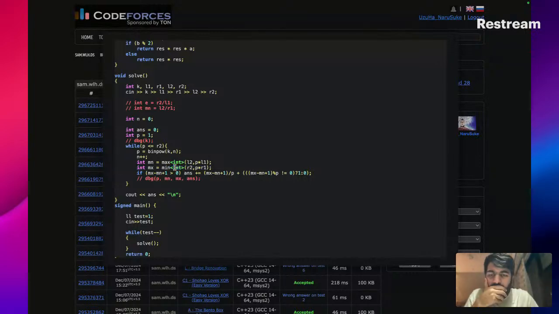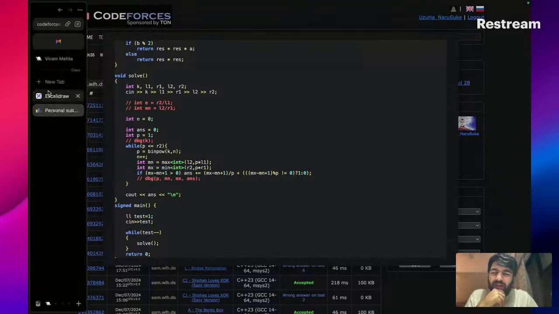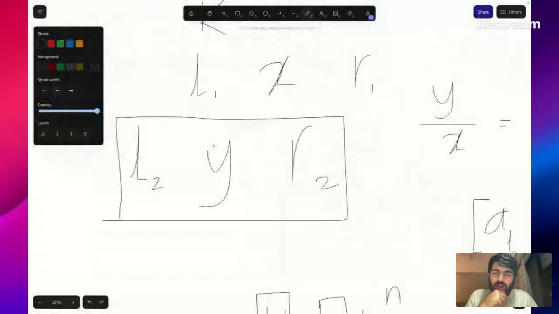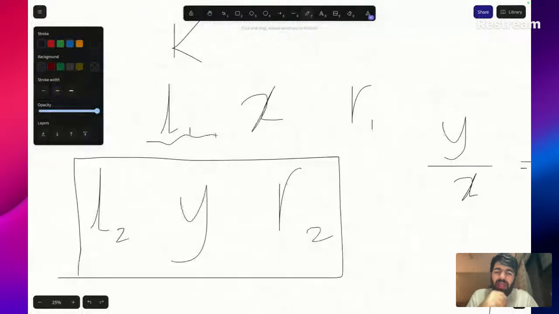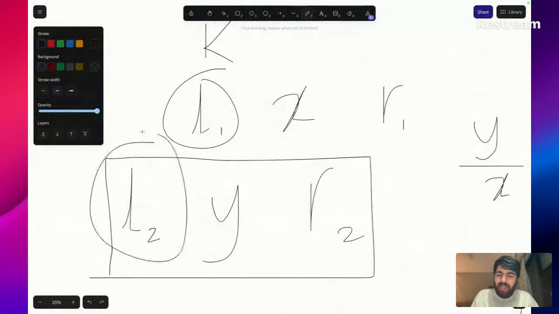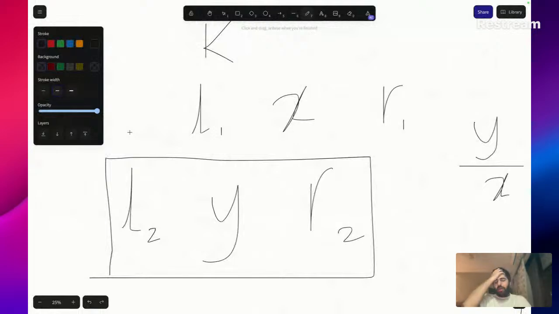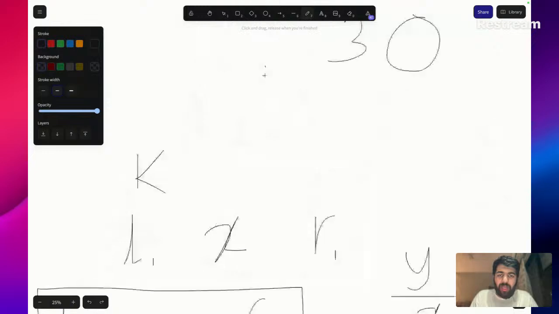Why are you doing P into L1? Can you explain the logic behind that? Because I'm basically finding, L1 and L2 will be very different things. Over here, L1 is what I'm multiplying with, so let's say I have y upon x by L1. Currently it is 1 only.